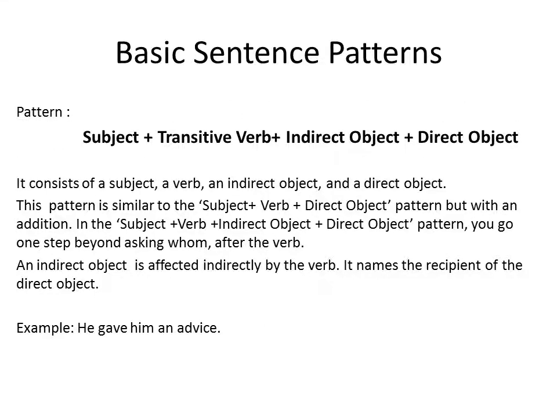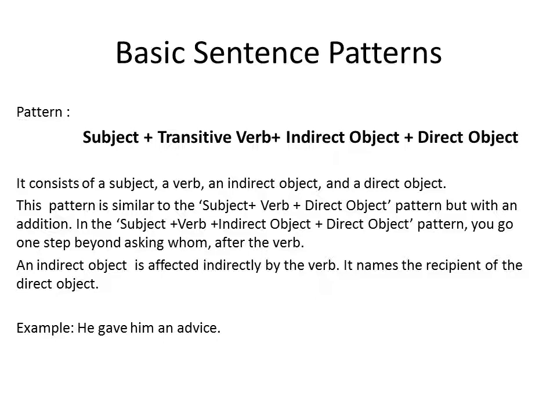Coming to the next pattern, it consists of a subject, a verb, an indirect object, and a direct object. This pattern is similar to the subject, verb, direct object pattern, but with an addition.